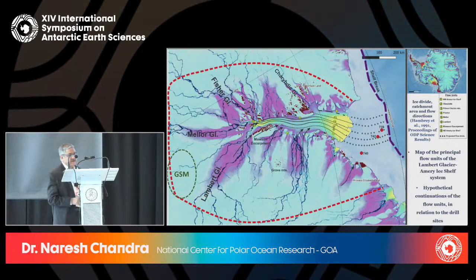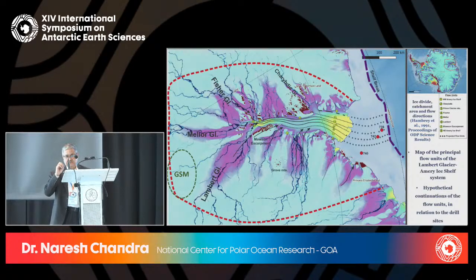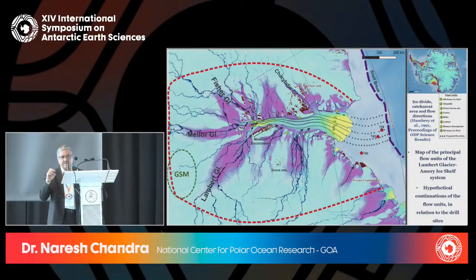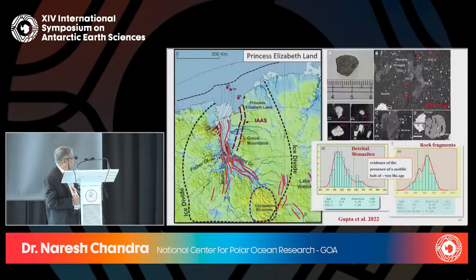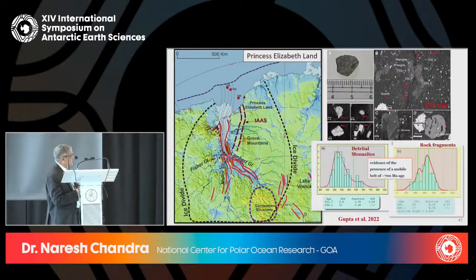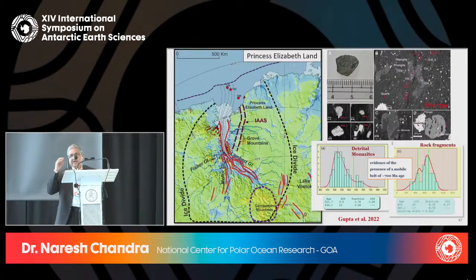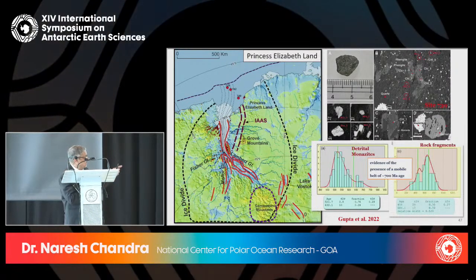Now in this area, we collected the offshore sediments from 3 ODP sites. You can see that 2 sites, 739 and 742, come dominantly from the Lambert Glacier flow, and 740 is out of that. So we saw the heavy minerals and the rock fragments. What we get from the detrital monazites and the rock sediments is that the Pan-African influence is very clearly there.